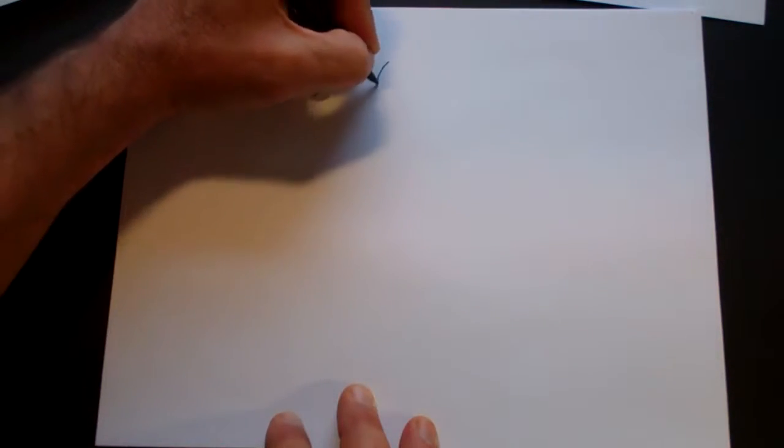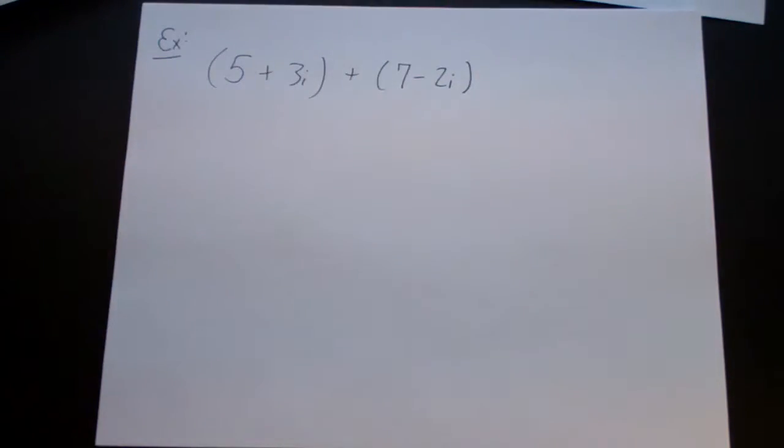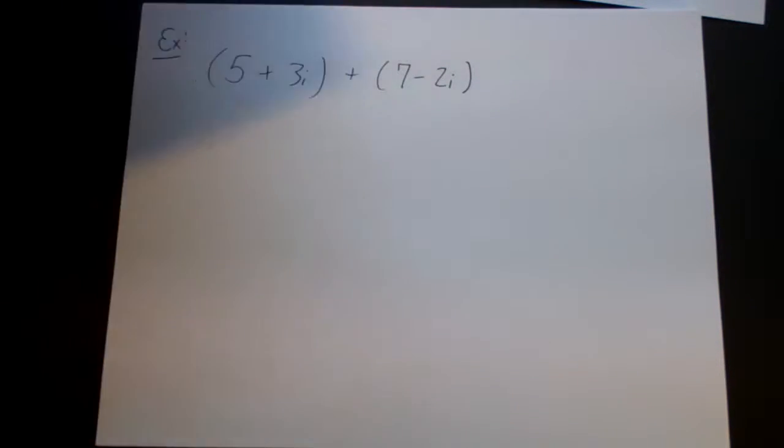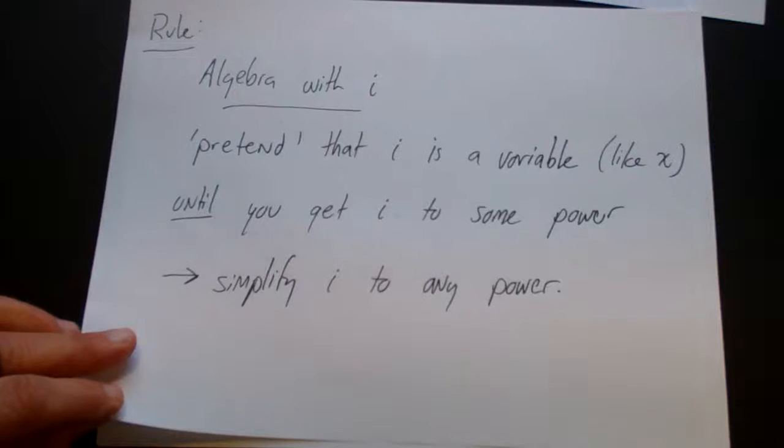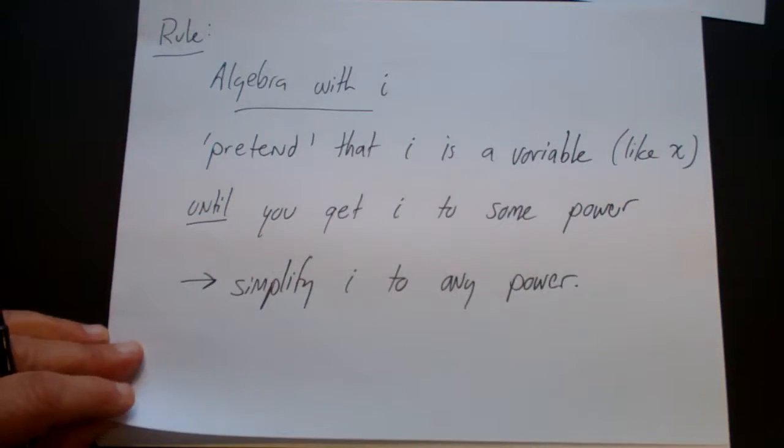Let's look at an example of adding. Adding is even simpler. Let's do (5 plus 3i) plus (7 minus 2i). So again, the rule that we're going to remember is that we're going to pretend that i is a variable, like an x, until we get i to some power, and then we're going to simplify it.